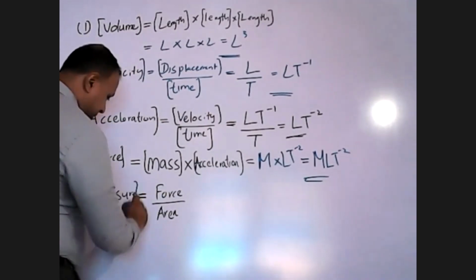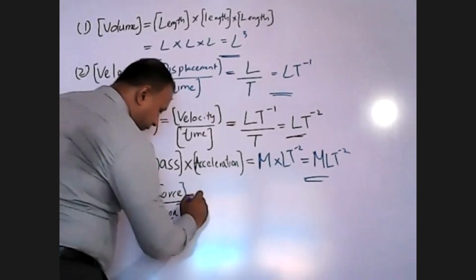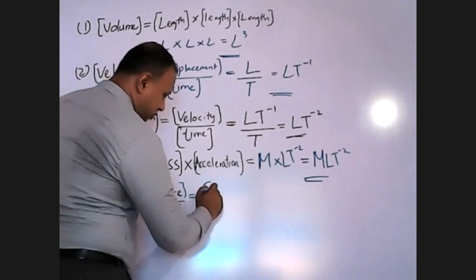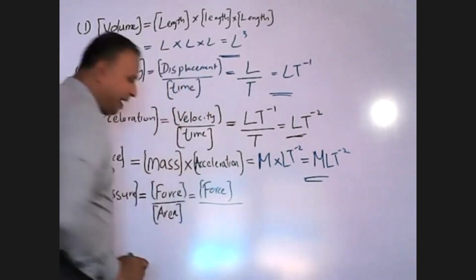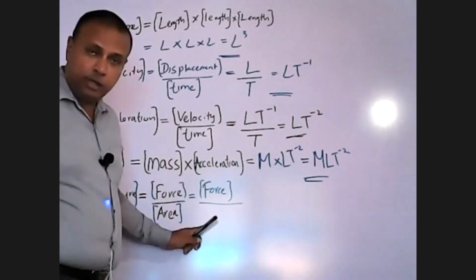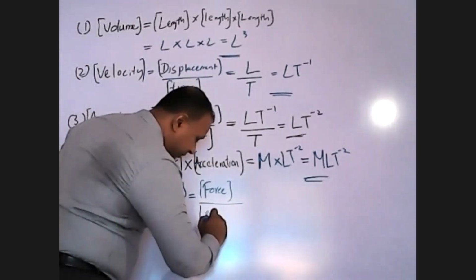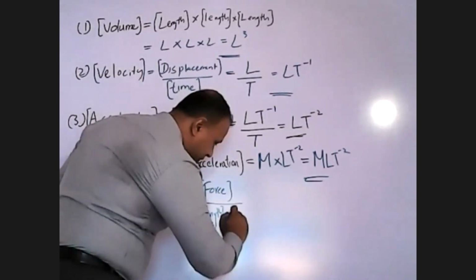Dimension of pressure is equal to dimension of force over dimension of area. Area means length into length. We can write this one, no? Length into length.